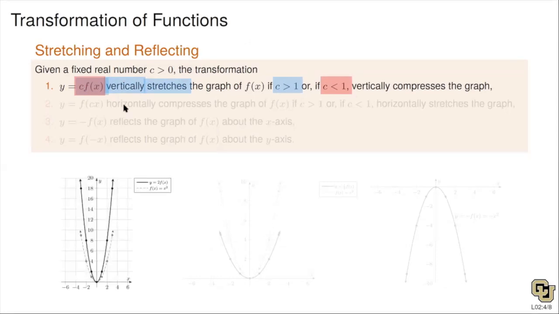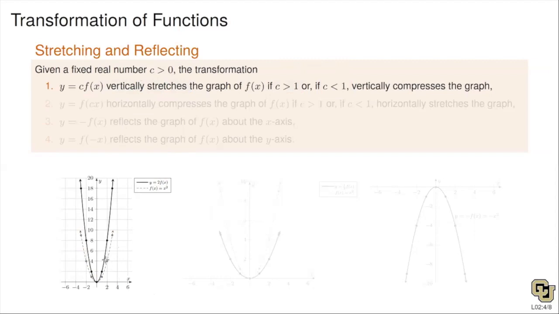So here I have an example of the original function, again, is x squared. In the dashed line down here is our original function x squared. And I've multiplied the range element by 2. And so you can see the effect is every y value gets shot up. Its value is effectively doubled, right?